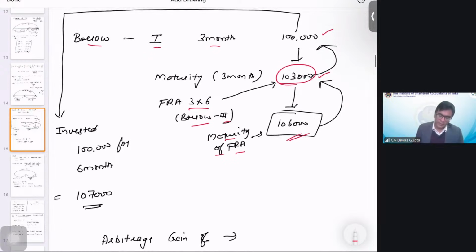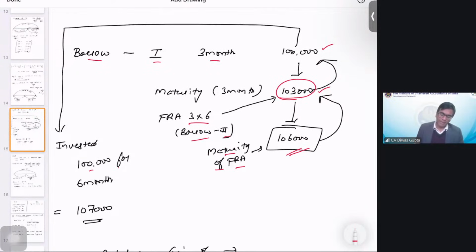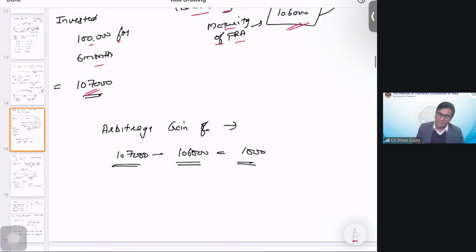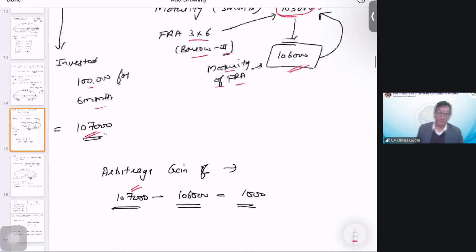Clear? So we invested 1 lakh for 6 months, and in the investment we will get, let's say, 1 lakh 7,000. So there is an arbitrage opportunity: on the investment proceeds we will get 1 lakh 7,000.